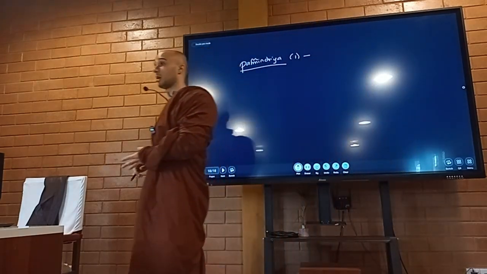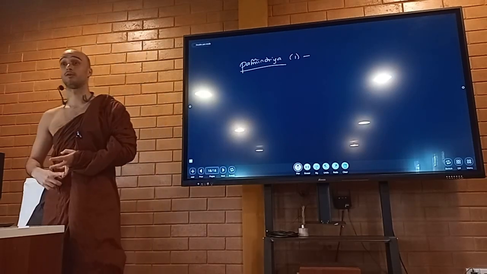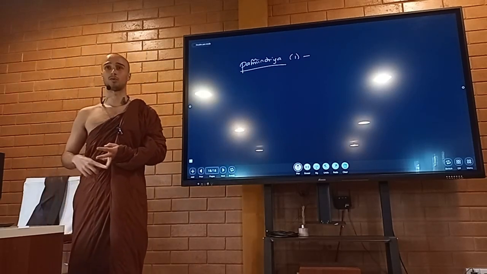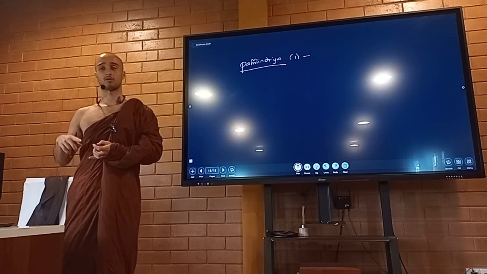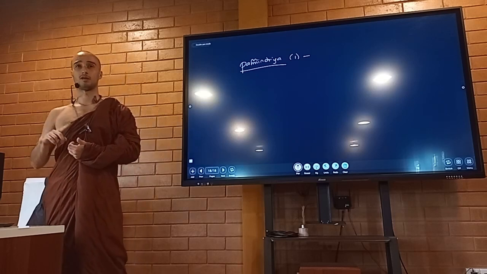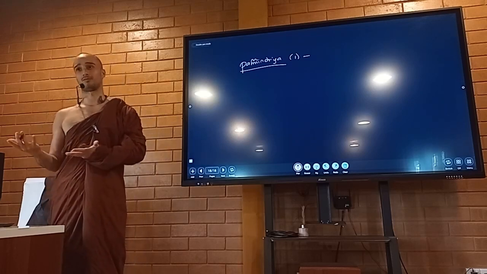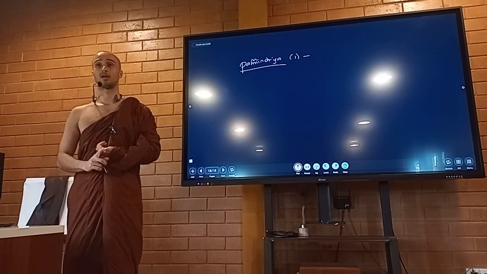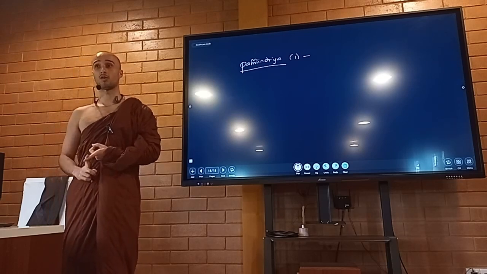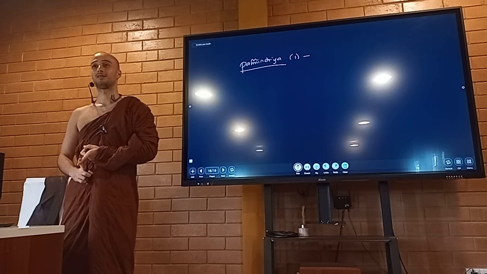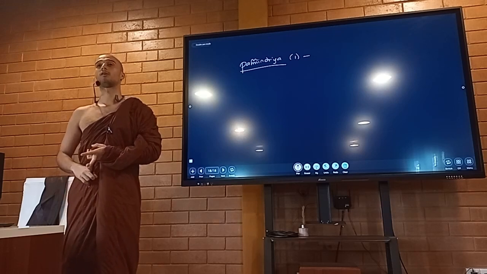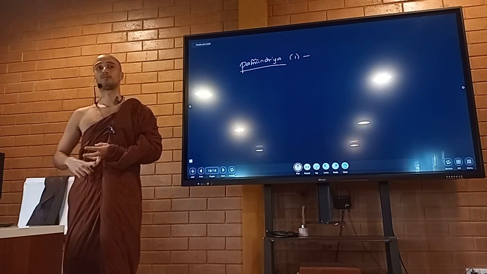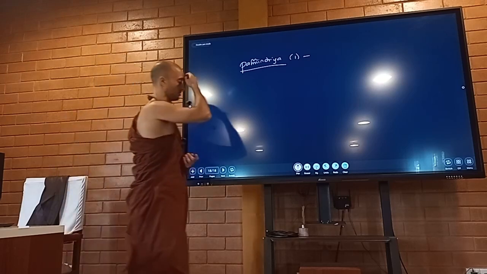Now Mahakusalas: we have 4 with nana, nana sampayutta. Vipaka also 4 nana sampayutta, and Kiriya also 4 sampayutta. So 12 in the kamavachara. And then Rupavachara all have nana, Arupavachara all have nana, Lokuttara all have nana.